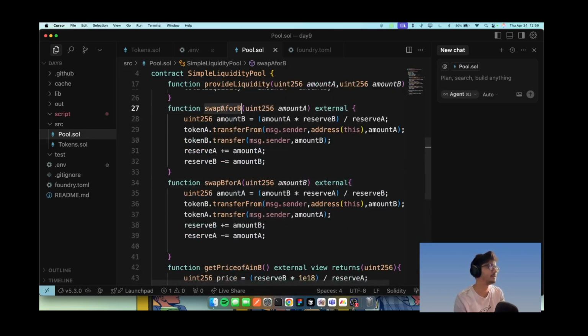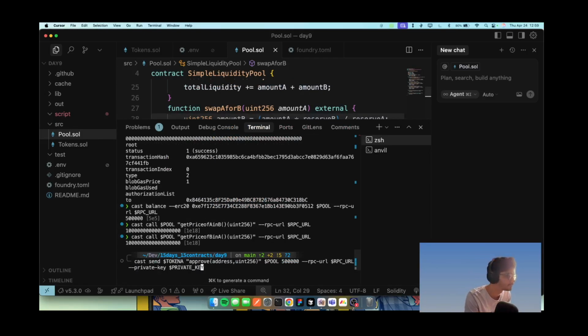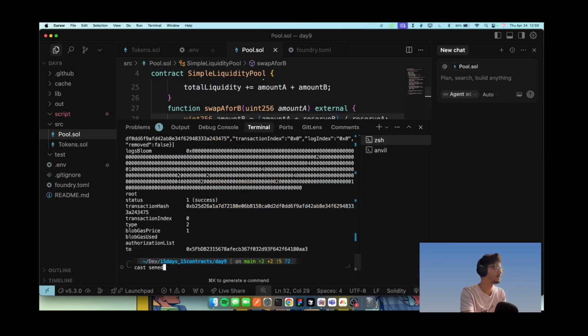Now let's swap some A for B, and let's swap some B for A. So we will swap, let's say 100 of them. We need to approve them first, so let's approve A again. Not 50,000, let's make it 1,000. We'll send this much token to pool. And now let's swap A for B. Cast send pool and swap A for B, and the amount is 1,000.